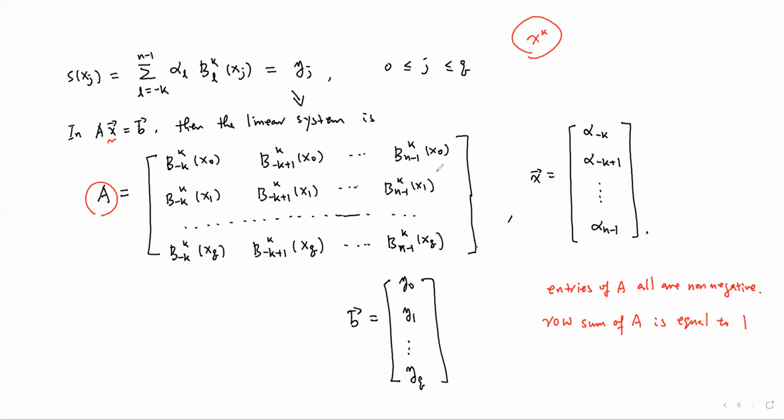As a result, this coefficient matrix is, we call it, well conditioned, not sensitive to round-off error. So if we solve this linear system for the unknown alpha, the solution should be accurate.